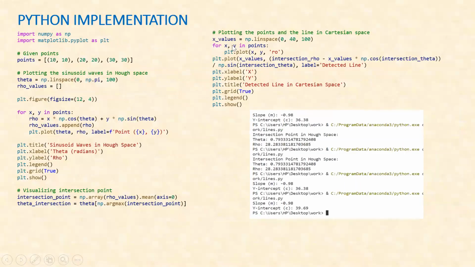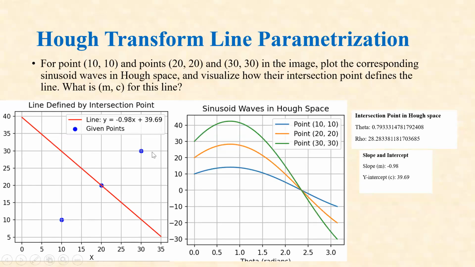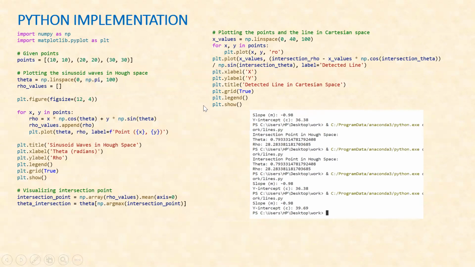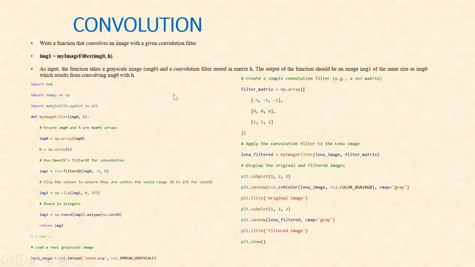Now this is the Python implementation of this slide. Then convolution is all about getting a portion of the image and multiplying it with the filter, and then you get the convolved value.